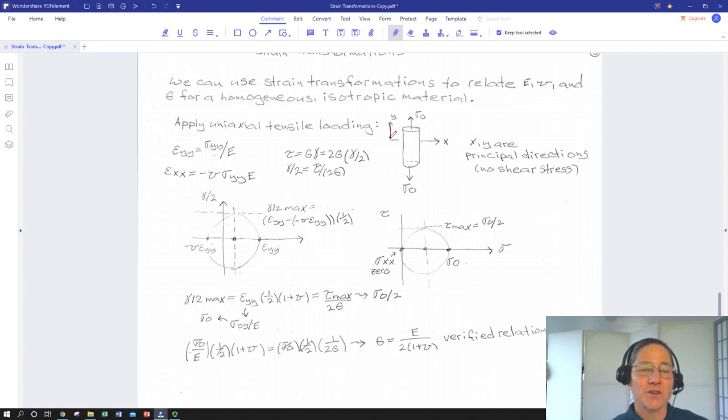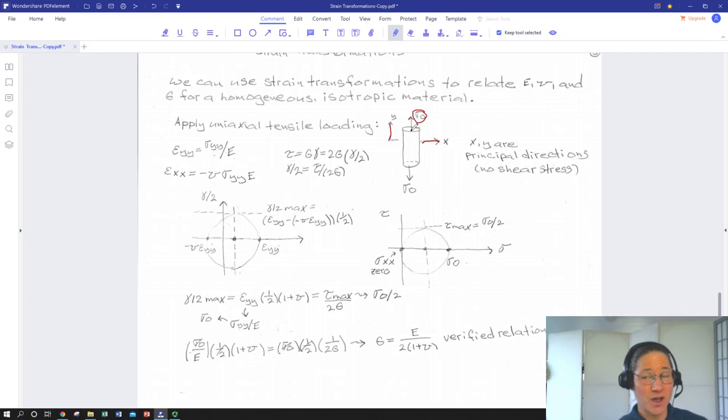So we're going to establish a coordinate system, a reference coordinate system. So x is vertical, and here's our applied stress in the x direction. We're not applying any stress in the y direction. We're applying stress in the y. We're not applying stress in the x. So notice we're not applying any shear. So we're applying stress in the y direction.